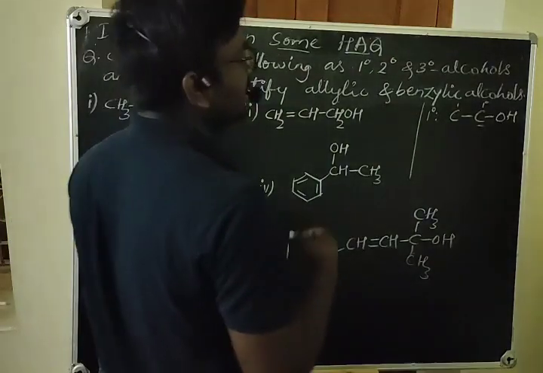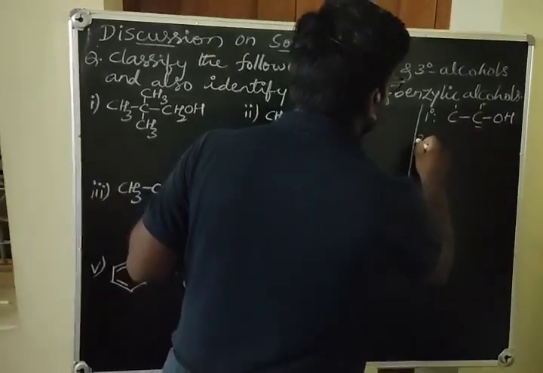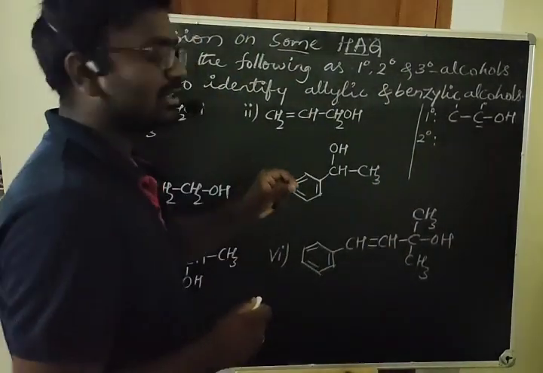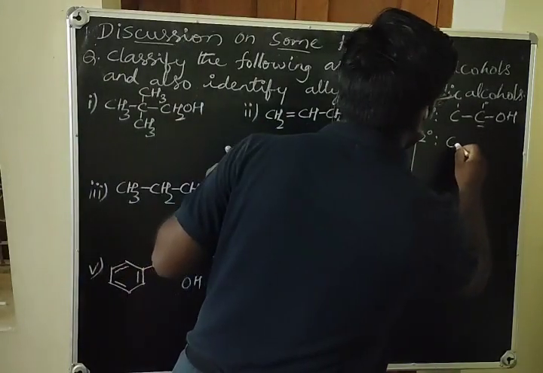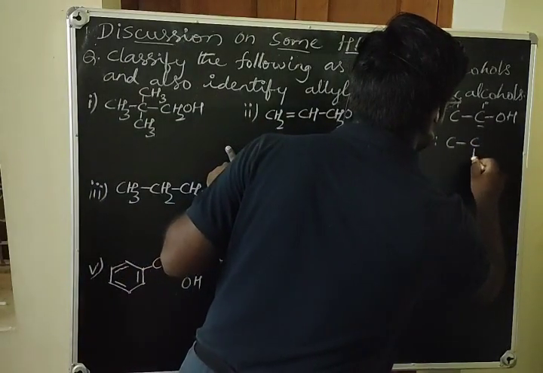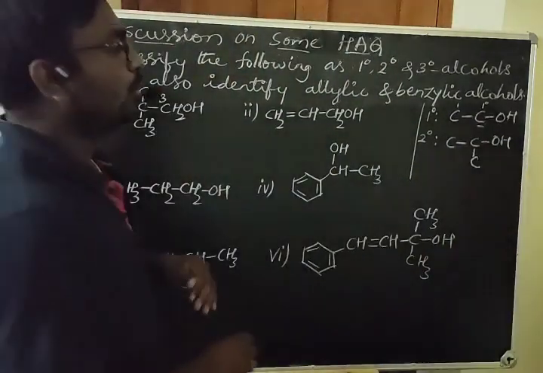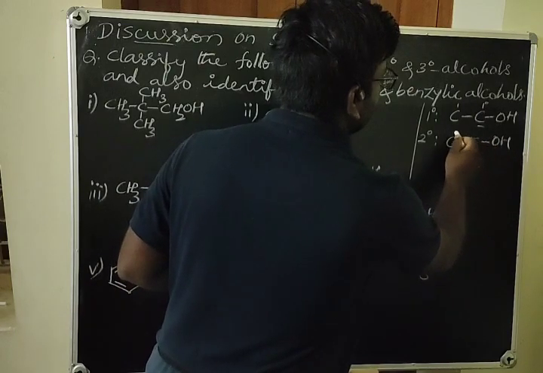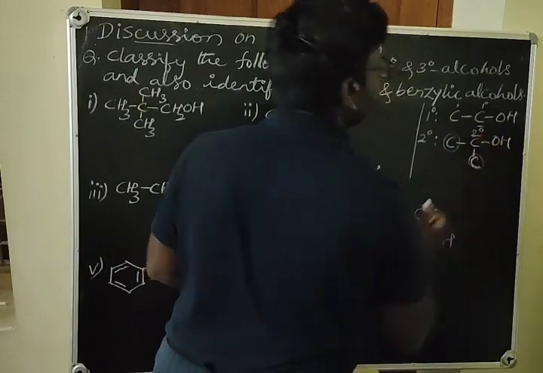Then what is a secondary alcohol? When the OH group is present on a carbon which is linked to two other carbons. For example, CH3-CH(OH)-CH3. Here OH is present on this carbon, which is linked to two other carbons, hence it is secondary.